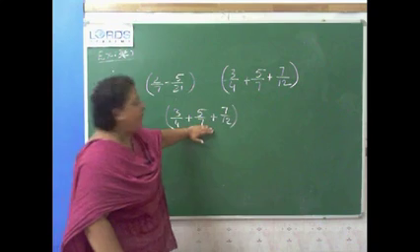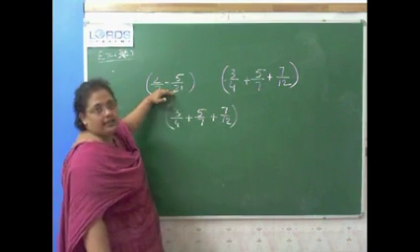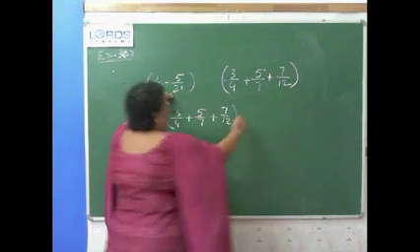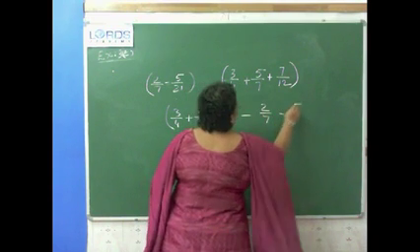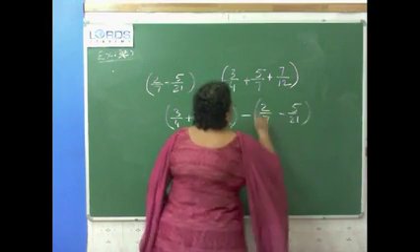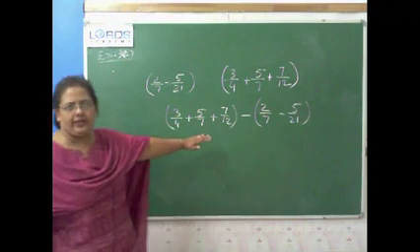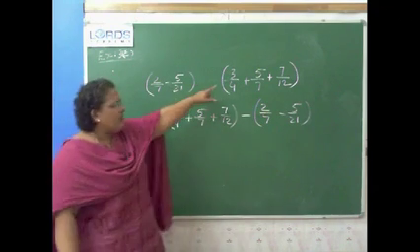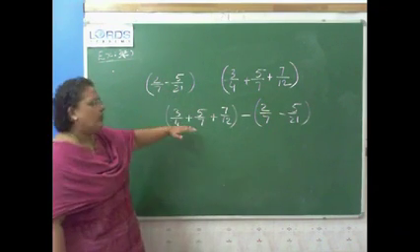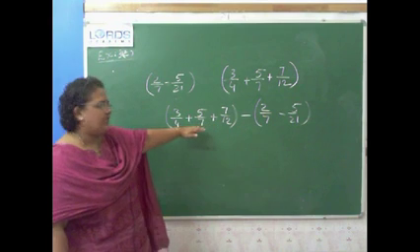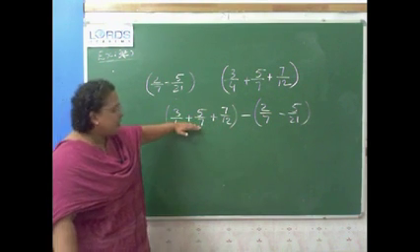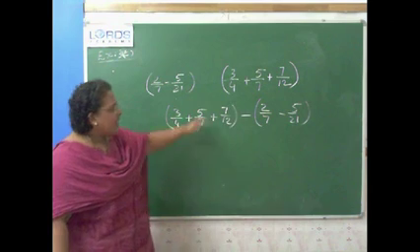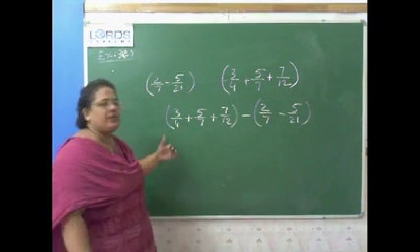From this sum, you have to subtract this section, that is minus 2 by 7 minus 5 by 21. This is the format you have to write. From this sum, you have to subtract this. Both are in brackets, we are putting it in brackets, that will be easy for you. So, do this first and then do that and then subtract the answers.